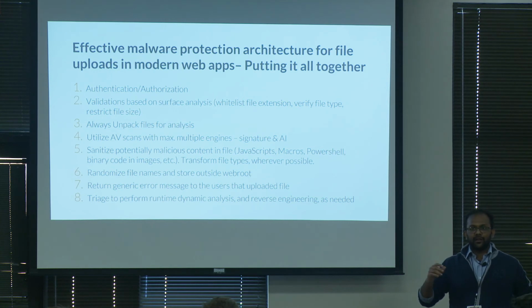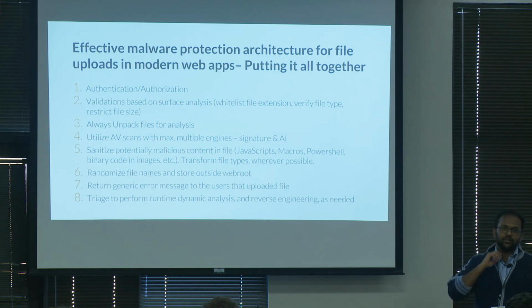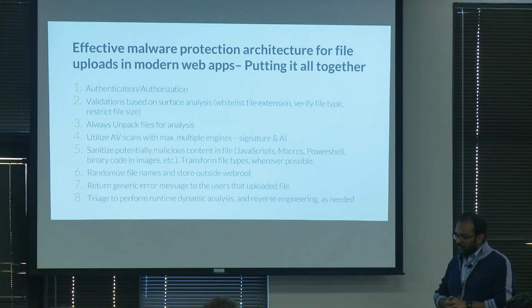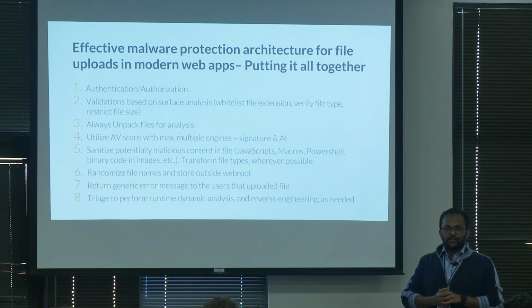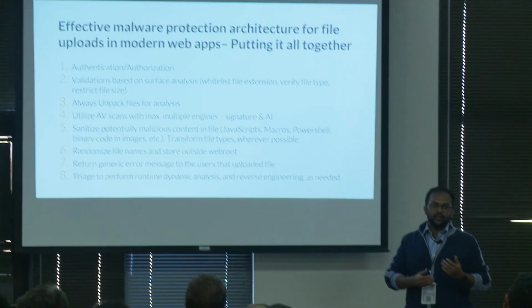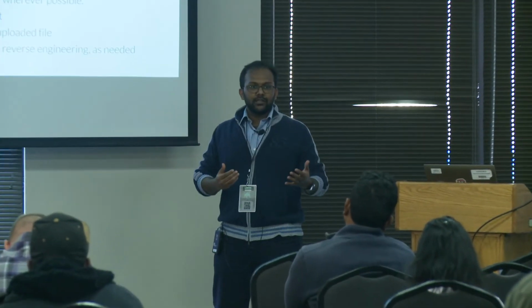And it's good to have a mixture of AV engines, a mixture of technology that works based on signatures versus machine learning based algorithms. Number 5, sanitize the file, meaning if there is a JavaScript in a PDF, there is no reason an application needs JavaScript in a PDF. So sanitize those malicious embedded objects in the file.